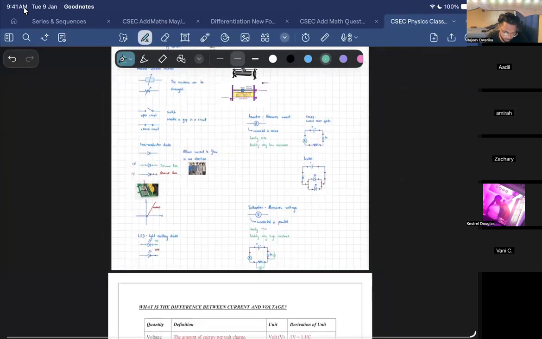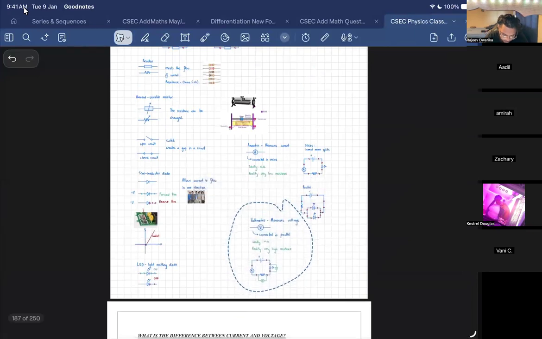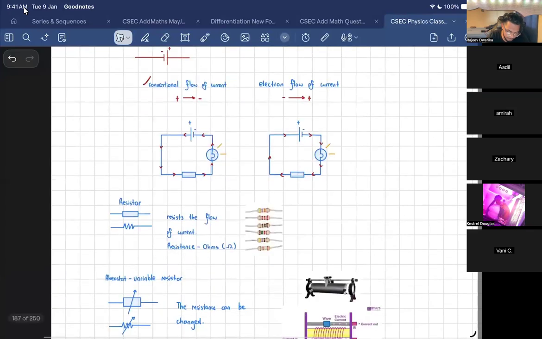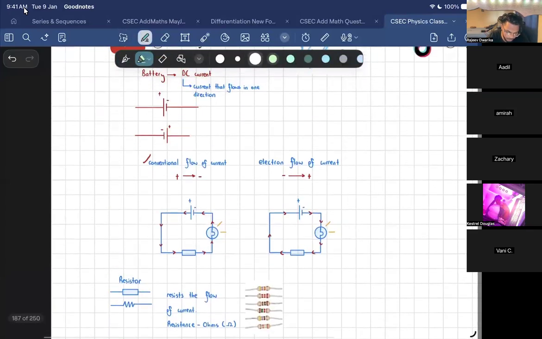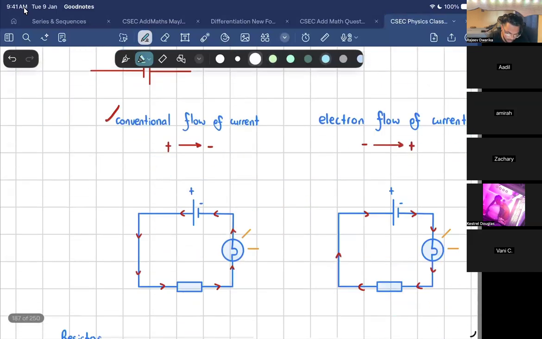Okay, I feel like we could call it a day when it comes to components for now. You wouldn't really see any other type of components at the CSEC level. Let me just underline everything, make it look a little bit aesthetic.